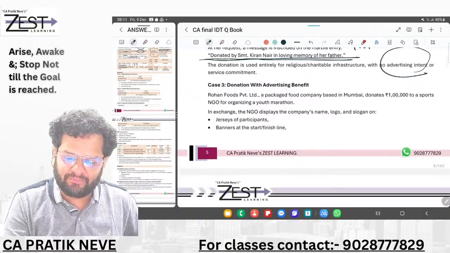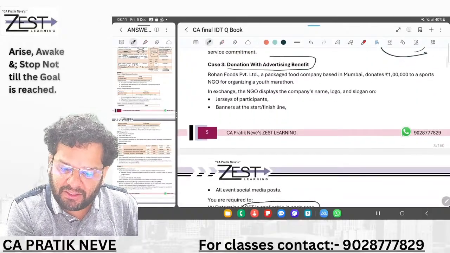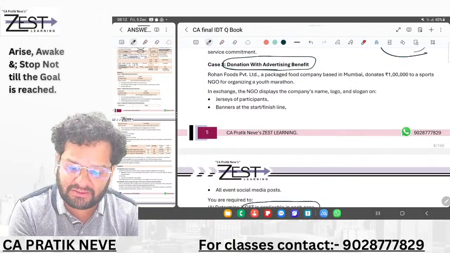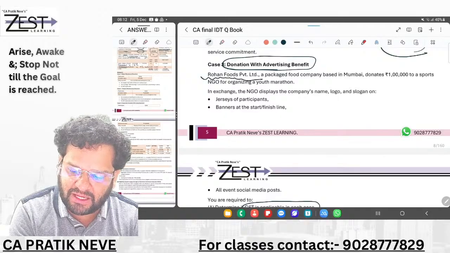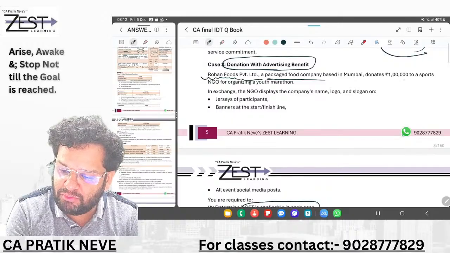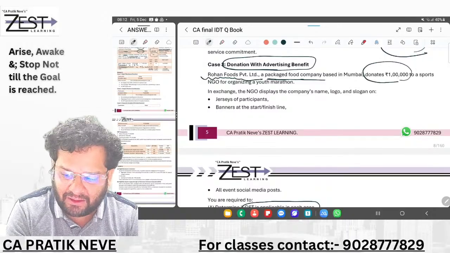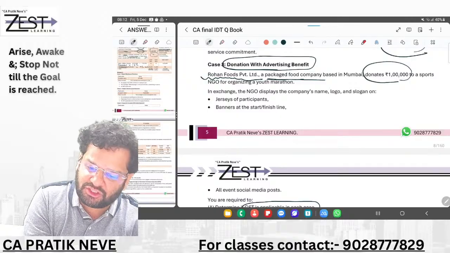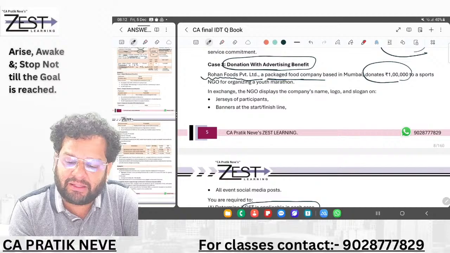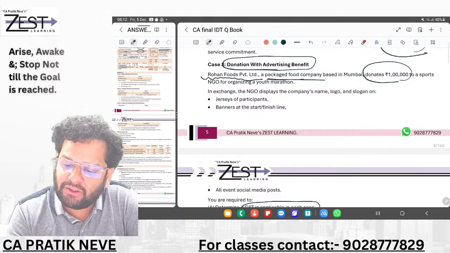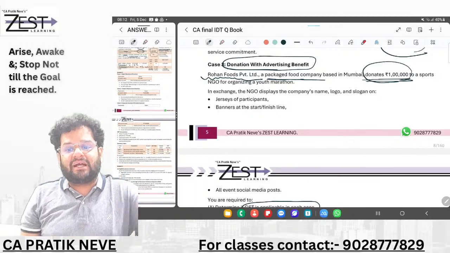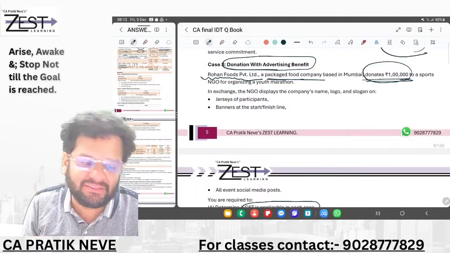And lastly, donation with advertising benefit. In the third case, Rohan Foods Private Limited, a packaged food company based in Mumbai, donates 1 lakh to a sports NGO for organizing a youth marathon. They may be calling it a donation, but against that 1 lakh rupees they are expecting something in return.